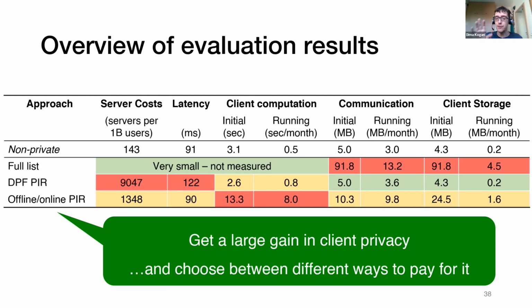Even if you do, when I mentioned how to add server privacy, you can actually add server privacy to each of these approaches. So even if you download the full list, here's a strawman of how you would provide server privacy. Basically, the server would encrypt the full list, so the client would download the list encrypted, but the keys to the encryption of each record can be computed using what's called an oblivious pseudorandom function, or an OPRF.